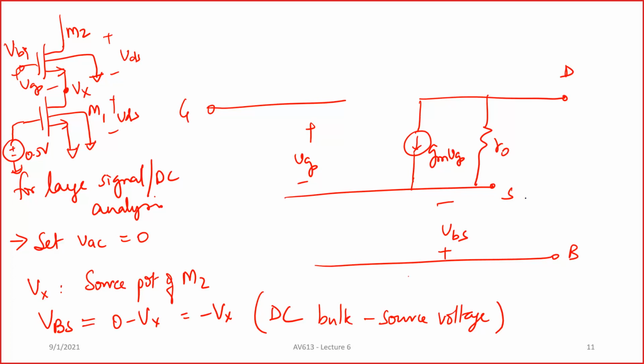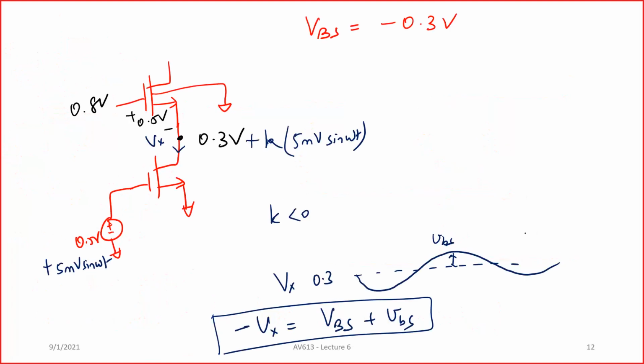In a large signal sense, the threshold voltage will change, depending on which direction your bulk to source voltage goes. So the DC component of VBS is going to give you a fixed difference in threshold voltage, and as you have an AC component on your VBS, the threshold voltage is going to vary along with the signal. Understood?